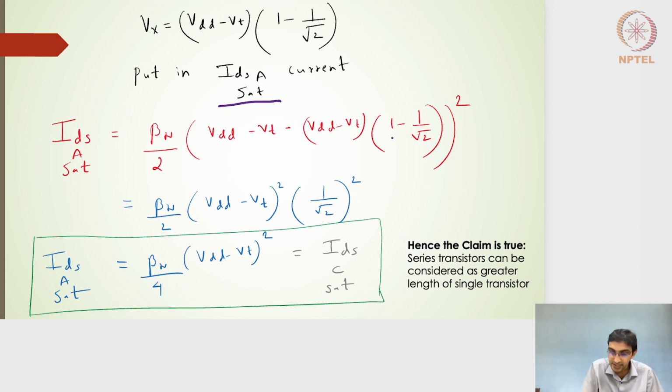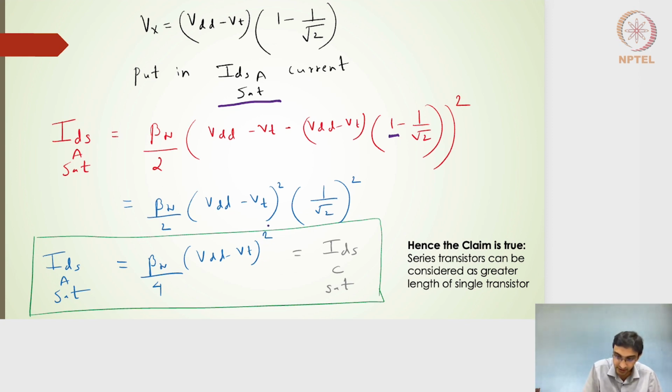All right. So this 1 will get cancelled with this 1. And then I'm left with (VDD minus VT) multiplied by 1 by square root of 2. So which is nothing but (VDD minus VT) the square, and then 1 by 2, and then beta N by 2, which turns out to be beta N by 4 into (VDD minus VT) the whole square.